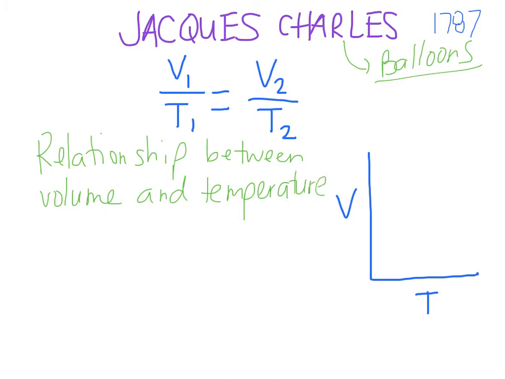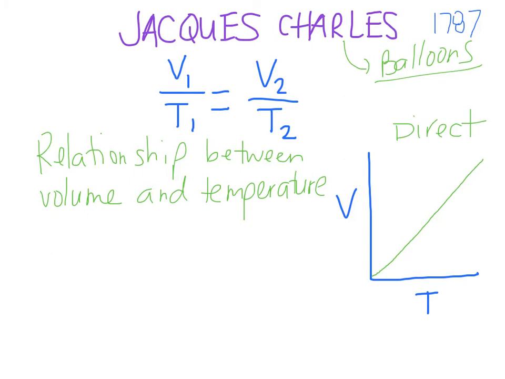And so the relationship between volume and temperature is actually known as a direct relationship. And so if you were to graph that, as temperature increases, volume is also going to increase. So it's just going to be a straight line going diagonally up. And so what does this actually mean?